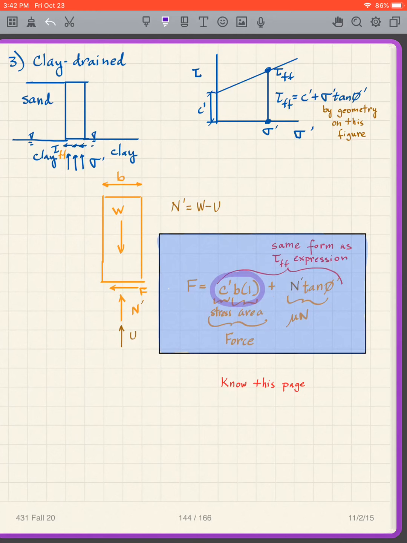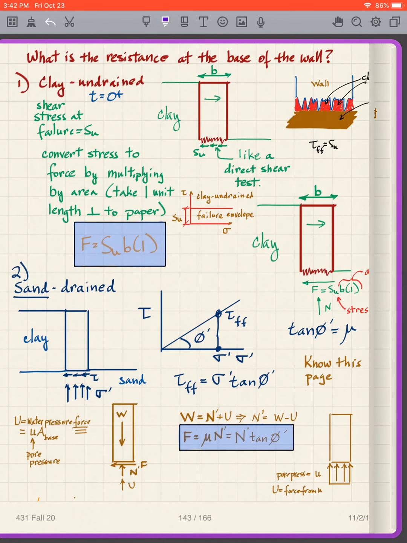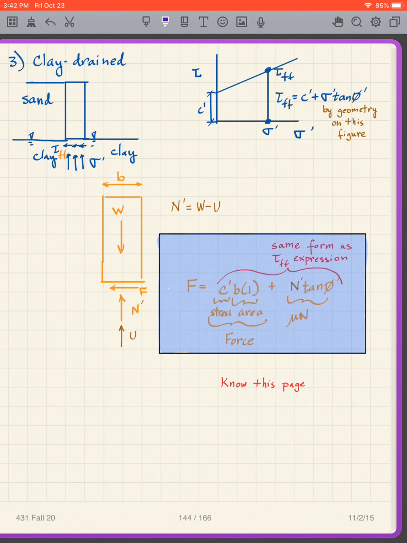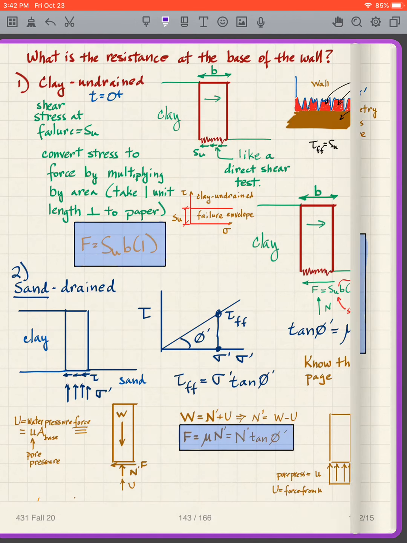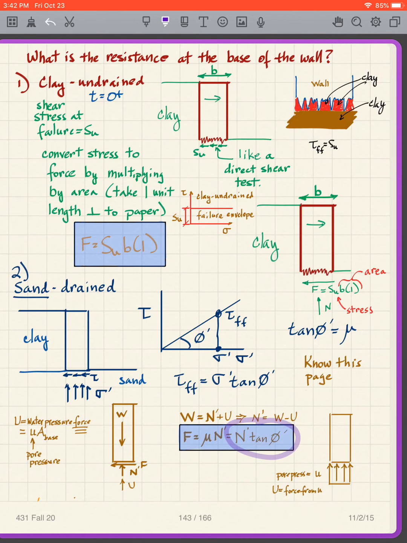As you can see, that's similar to the SU times B, except that we're substituting C prime, because now our intercept is called SU here, not C prime. So I have that term, and I have that term. So I have both of these terms. This one's going to be C prime times B, and this is going to be the same.